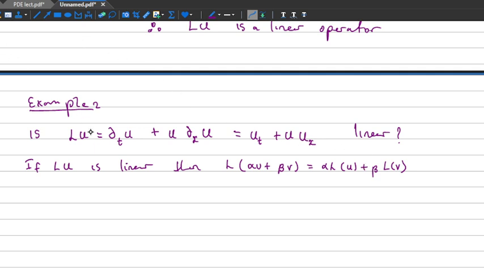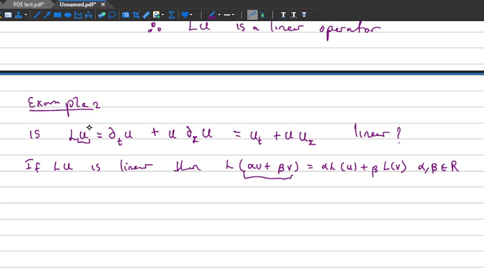So now we can put, where there is L, where there is U, we're going to replace with this. Additionally, we can say alpha, beta are real numbers.